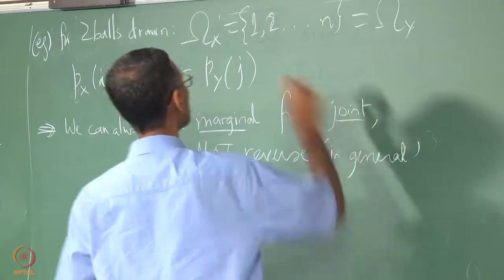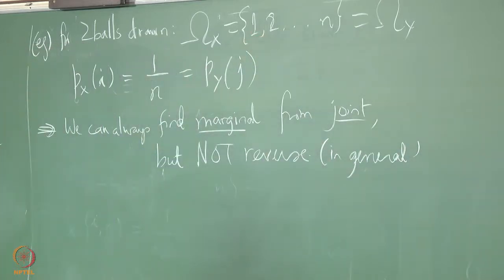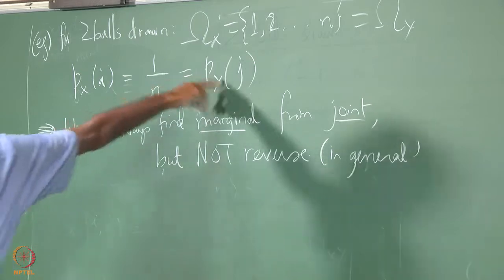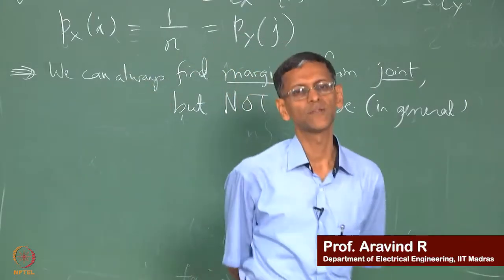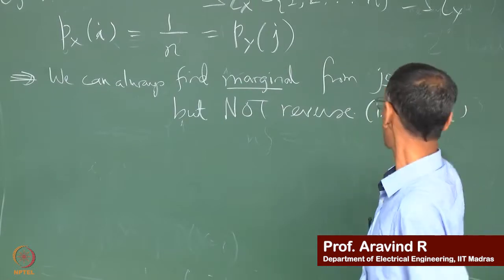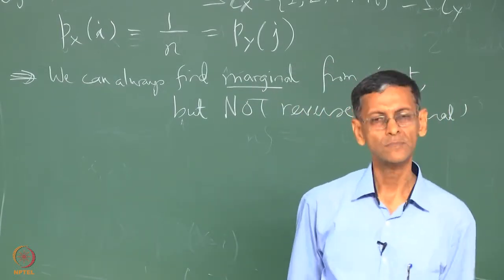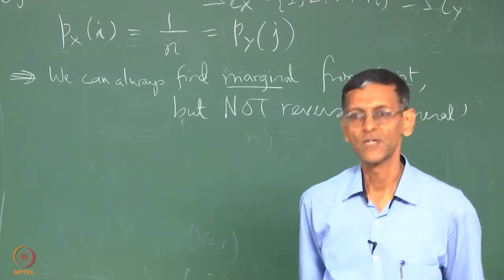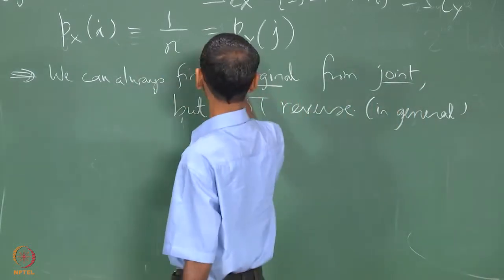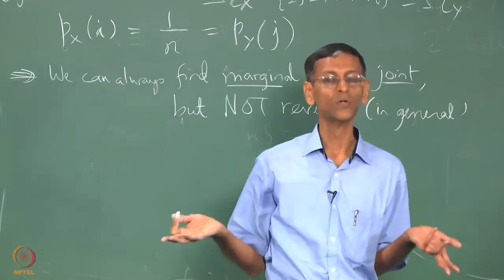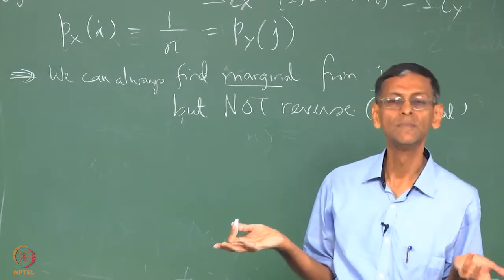I think this example is clear. There is no way that somebody tells you these are the two marginal PMFs of x and y and you get that particular joint PMF, 1 by n into n minus 1. You just cannot get it, because this same marginal PMF also comes when you do balls with replacement.